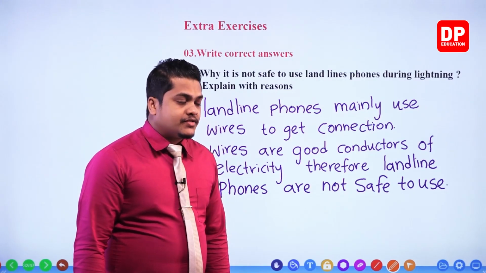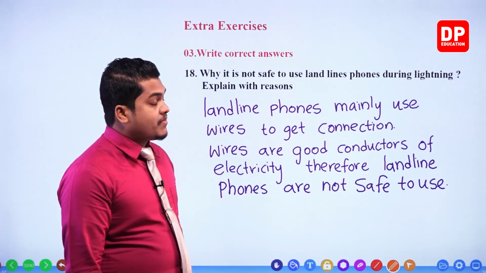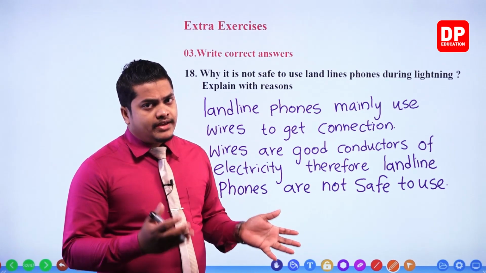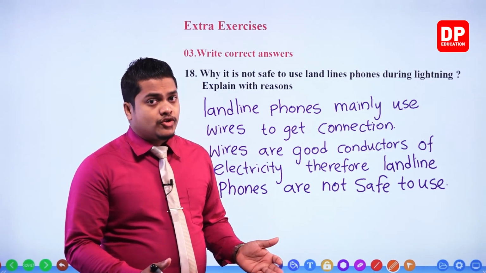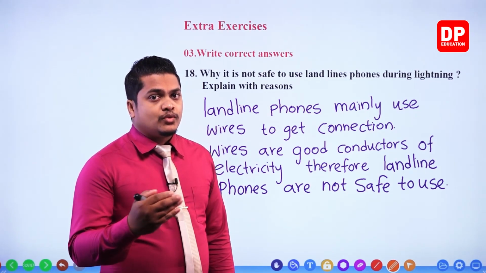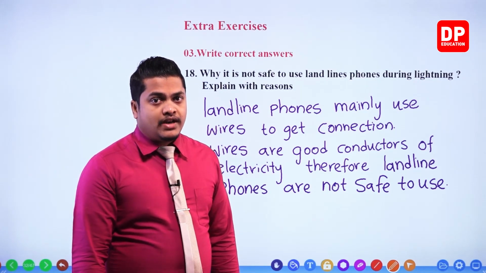Right, my dear children. So this is why it is not safe to use the landline phones. Remember, landline phones are mainly using conducting wires to get the connection needed. So when receiving connection through the wires, wires are behaving as good conductors of electricity.